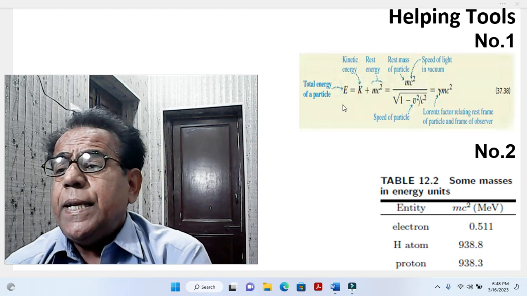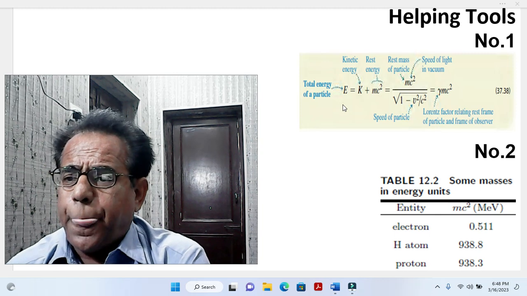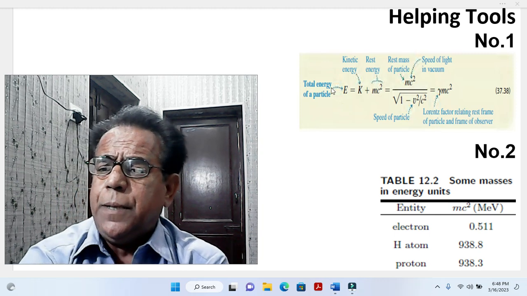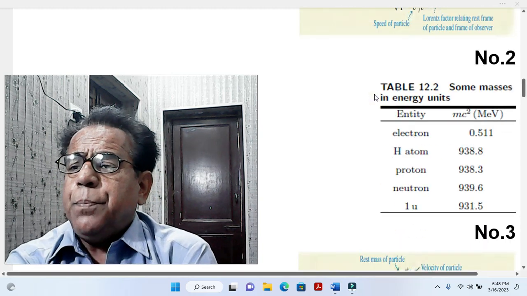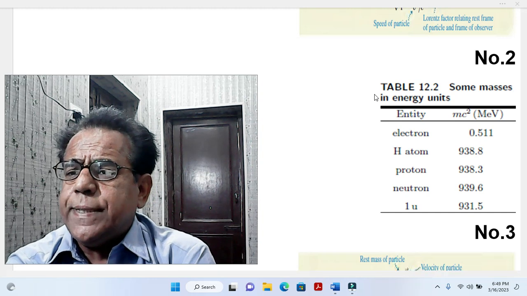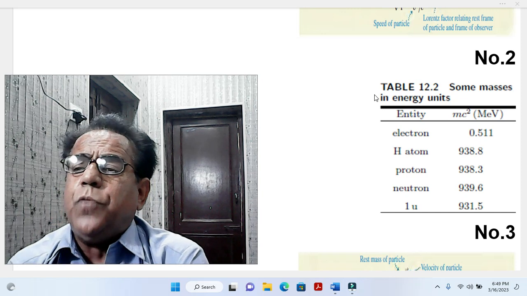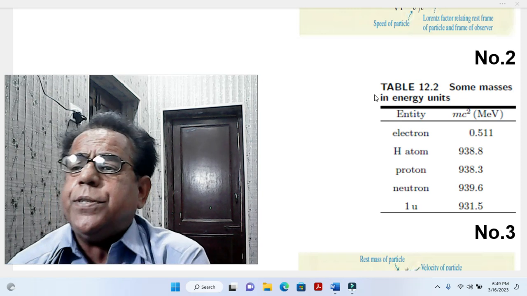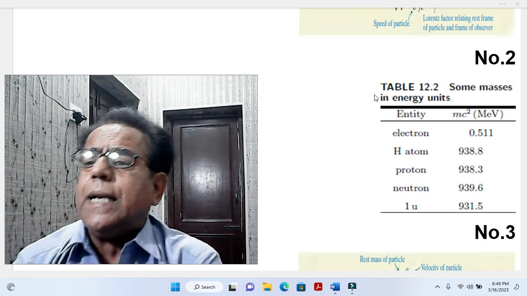Anyhow, in tool number 2 a table is shown. In this table mass of proton in energy units is given as 938.3. In place of mc square we will use this value, that is 938.3 million electron volt.